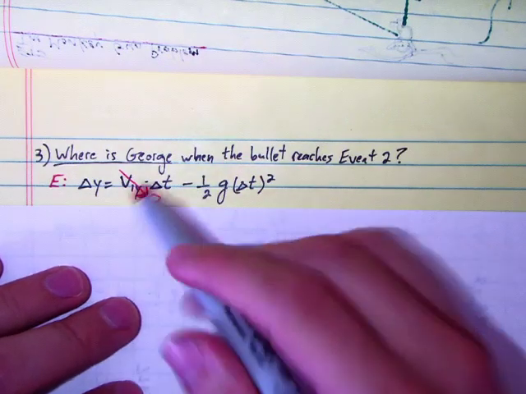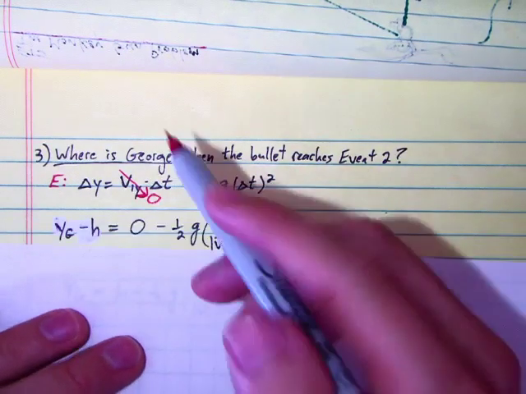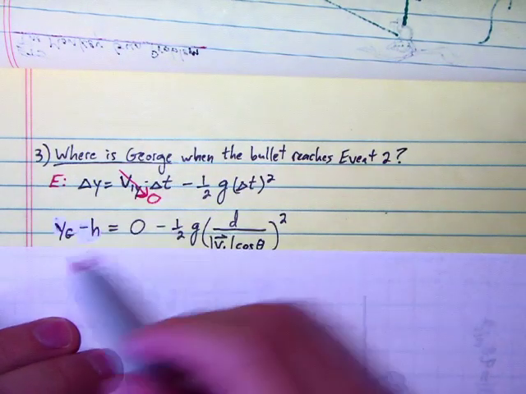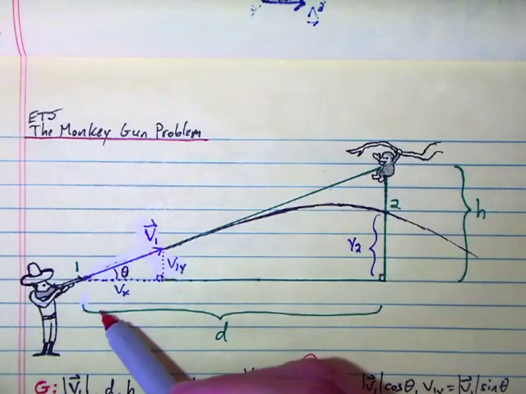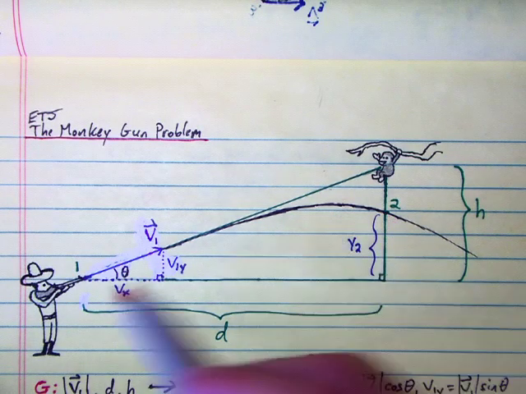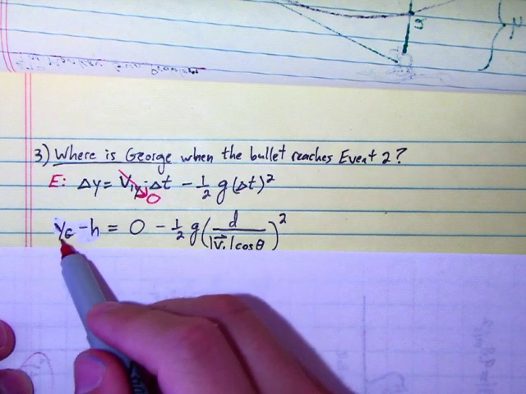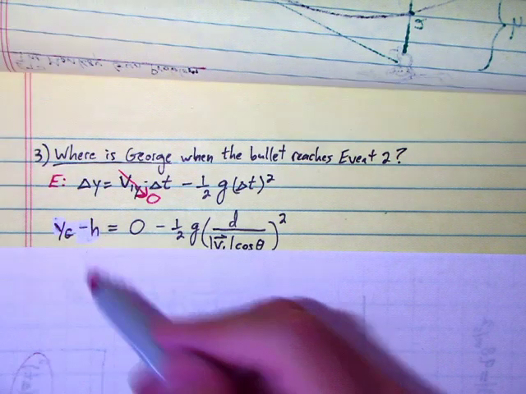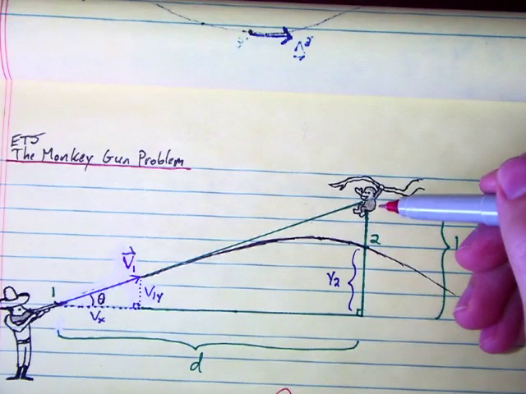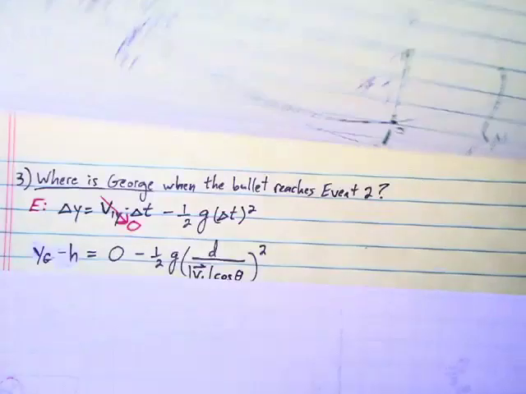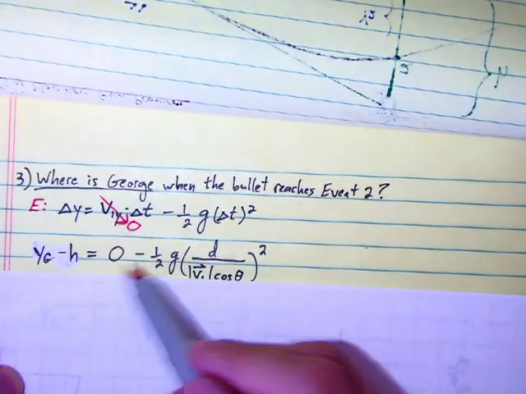So his change in his vertical position, final minus initial, we'll call his final position, that is at the time when the bullet reaches here. So his position at that time, we'll call it yg for the vertical position of George. That's his final position minus his initial position, which is h. He starts up at this height here, h. That's his initial vertical position. So final minus initial equals, that term is 0.